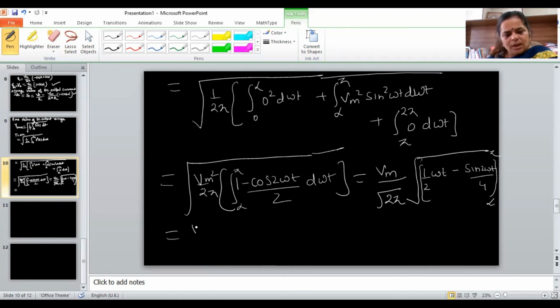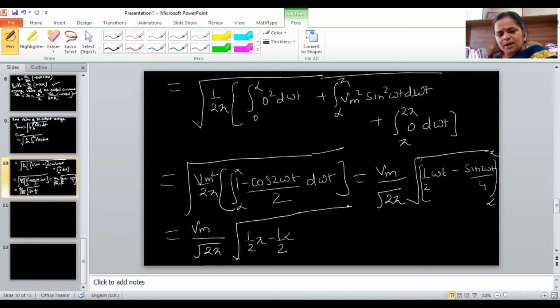So when I put the limits, Vm upon root 2 pi, under root. If I put the limit, 1 upon 2, upper limit minus lower limit. So 1 upon 2 into pi minus 1 upon 2 into alpha. This is the upper limit. And what is the lower limit?